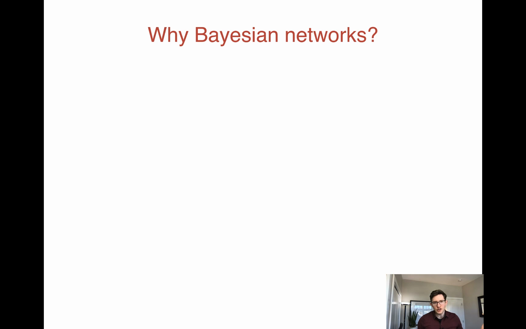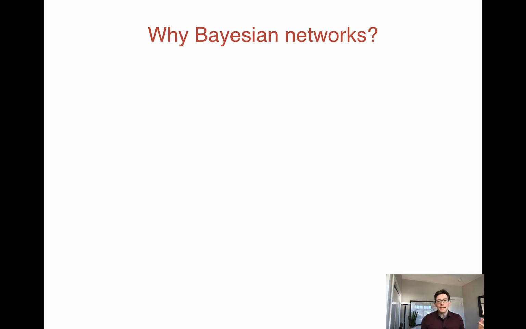Why not just, whatever form a person gives us a probabilistic model in, form that joint distribution and do all of our inference relative to that? There are a couple of reasons that we prefer using Bayesian networks or other types of graphical models, which I'll talk about in a second, over that joint distribution approach.